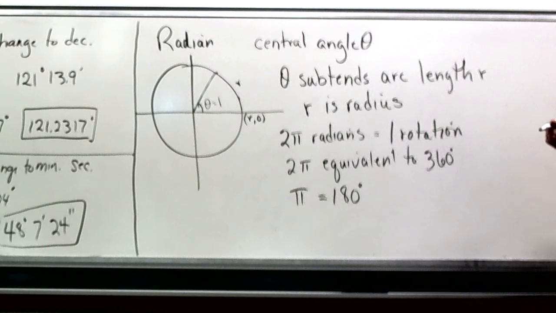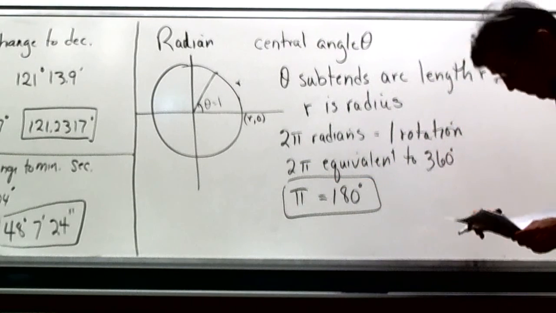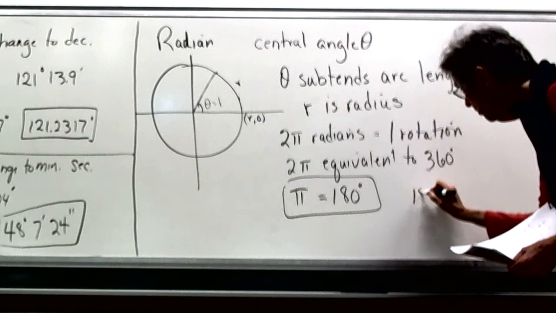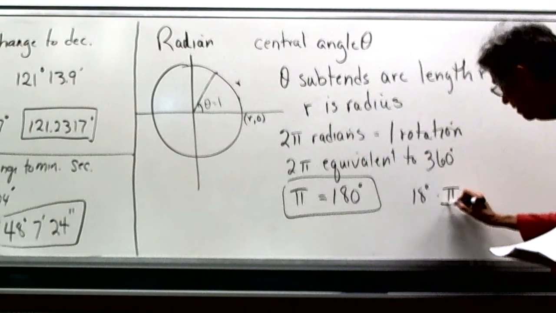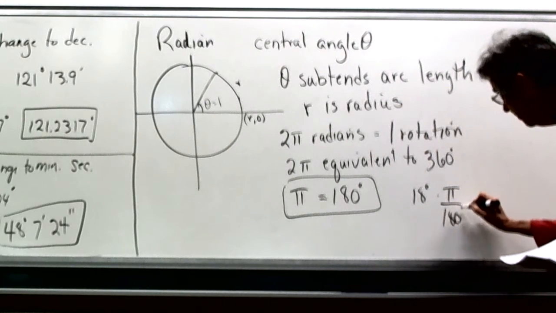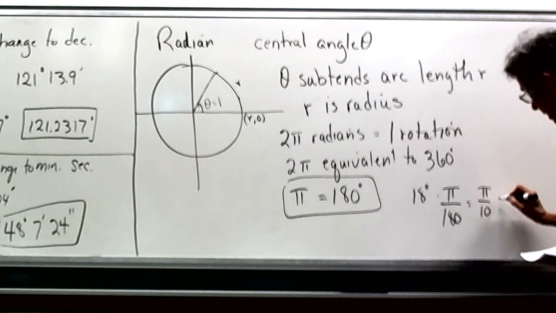We can convert degrees to radians using this conversion factor. So if I have 18 degrees, I can multiply that by pi over 180, and I'll get pi over 10 radians.